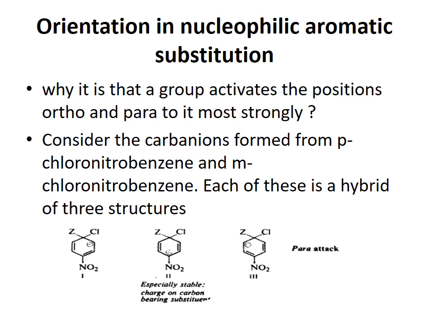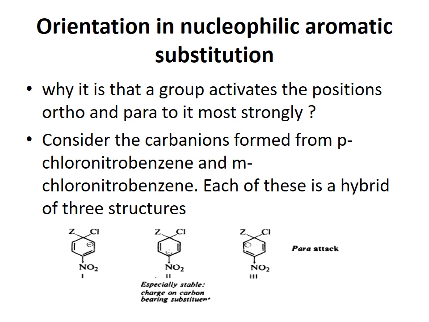So in the central structure, the negative charge is developed on the carbon to which the nitro group is directly attached, so the electron withdrawal from that carbon will be more effective, and this central structure is especially stable because the negative charge is developed on the carbon bearing the substituent.